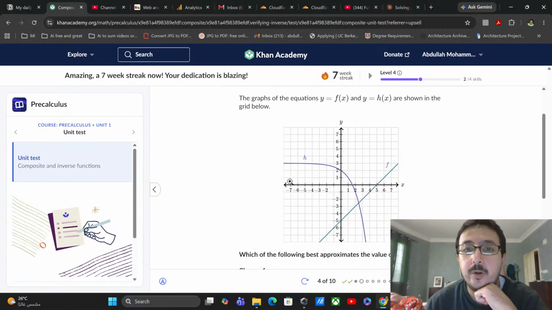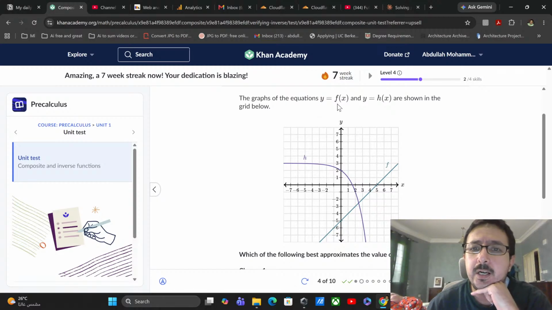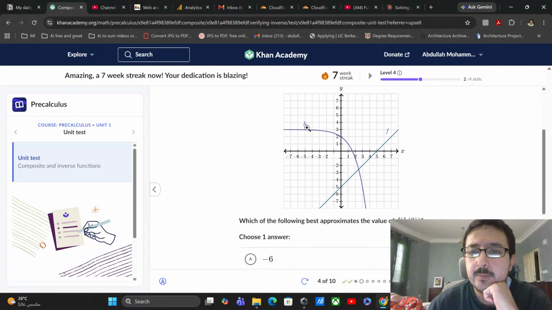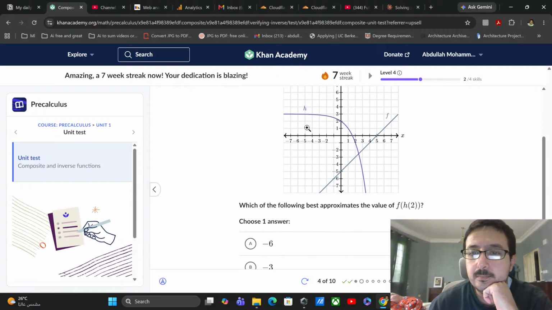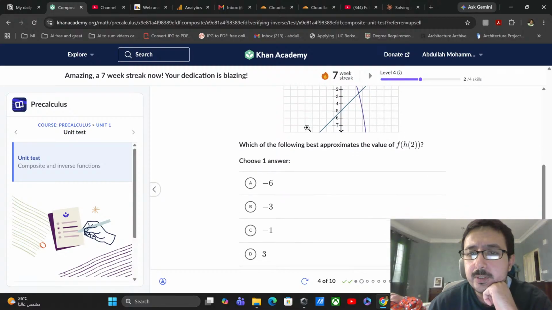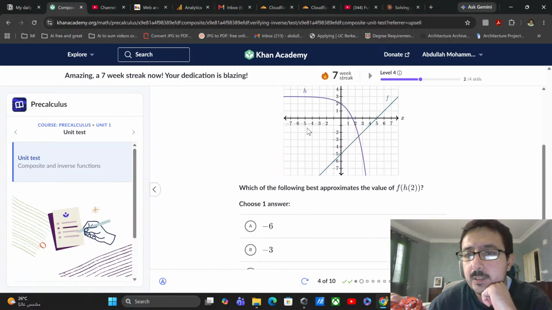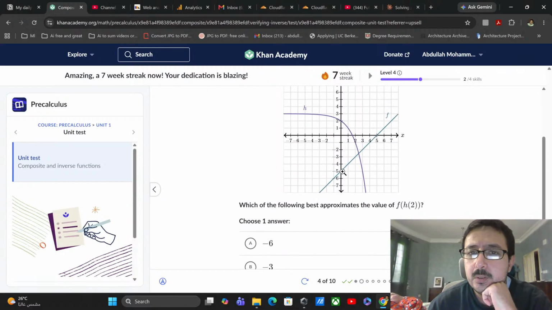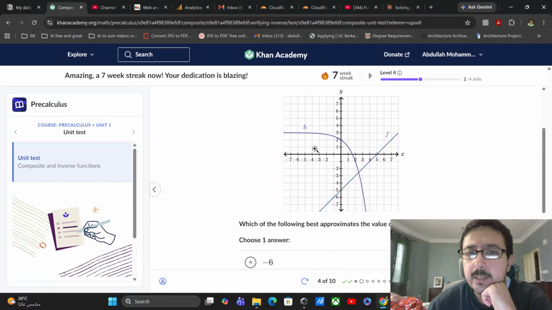Okay, so I got lost. The graphs of the equations y = f(x) and y = h(x) are shown in the graph. Which of the following best approximates the value of f(h(2))? So I got h(2), let's say, minus 1.5.